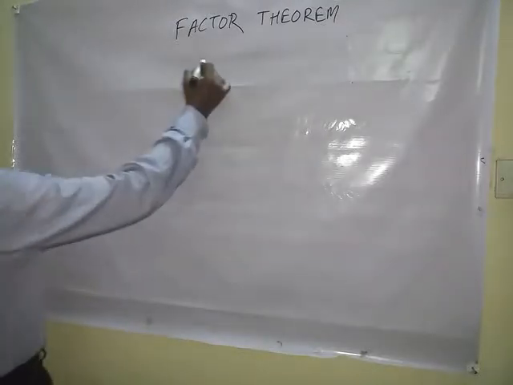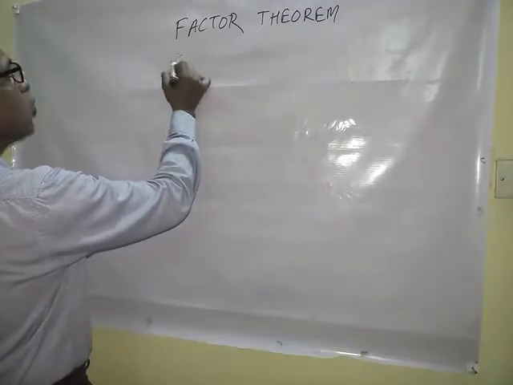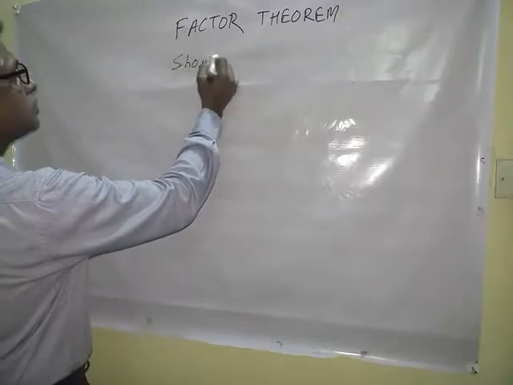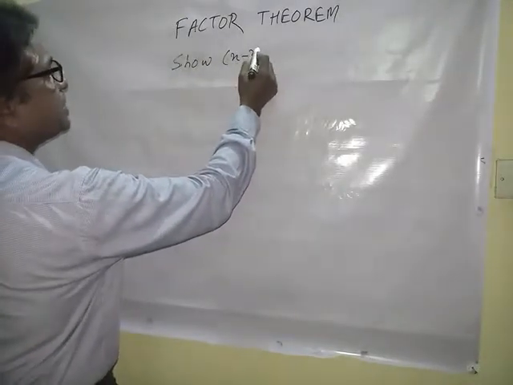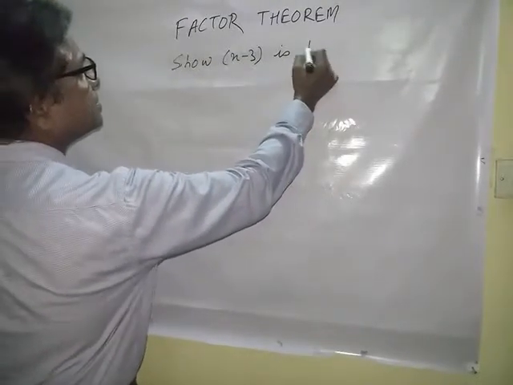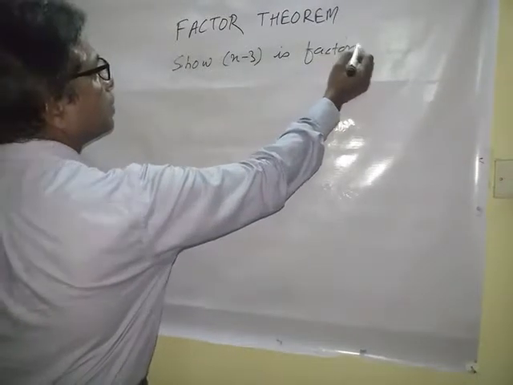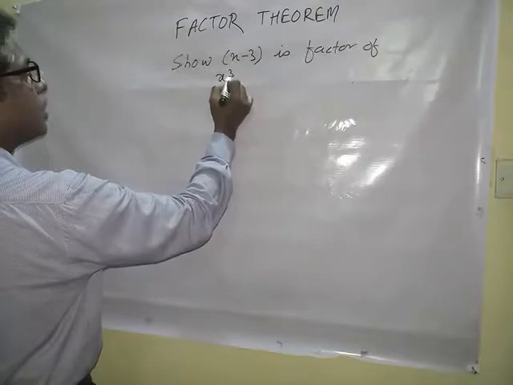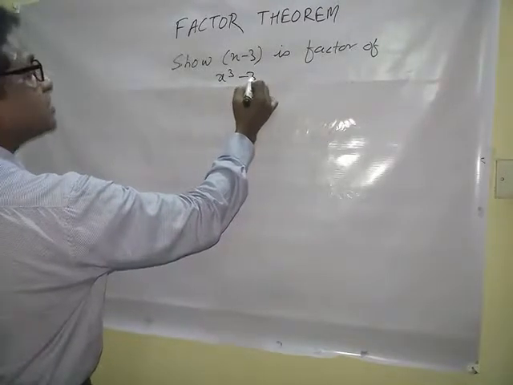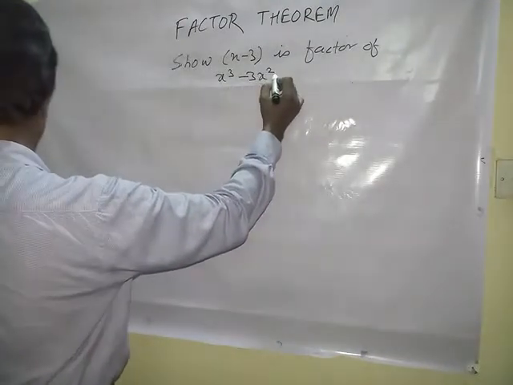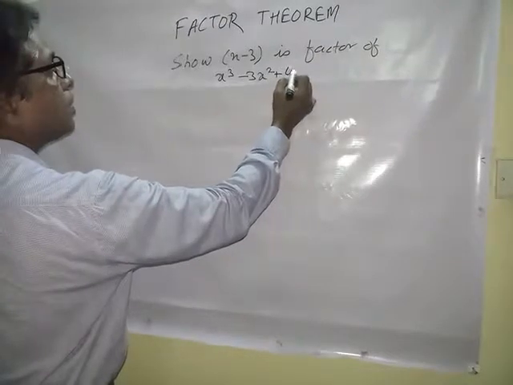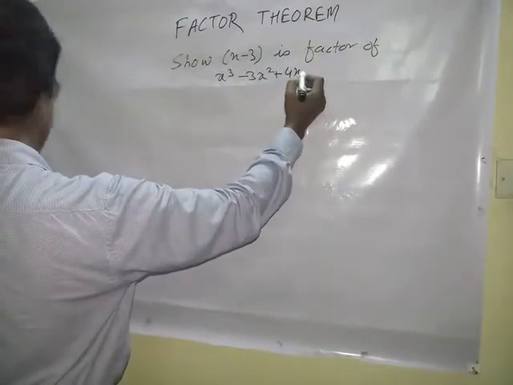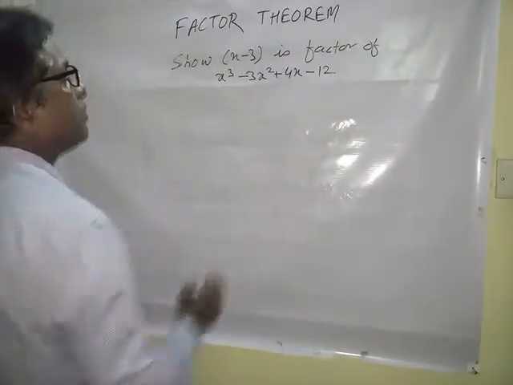One problem is: show x minus 3 is a factor of x cube minus 3x square plus 4x minus 12.